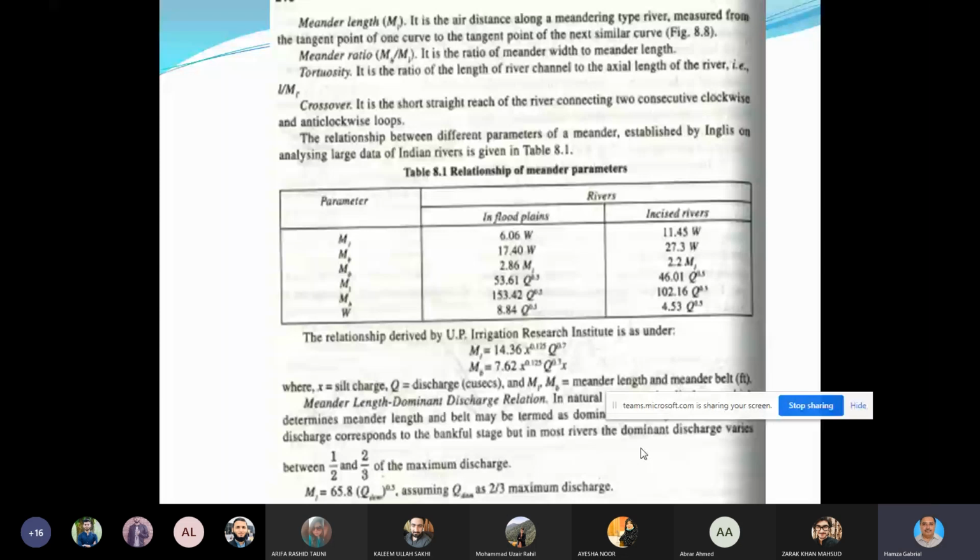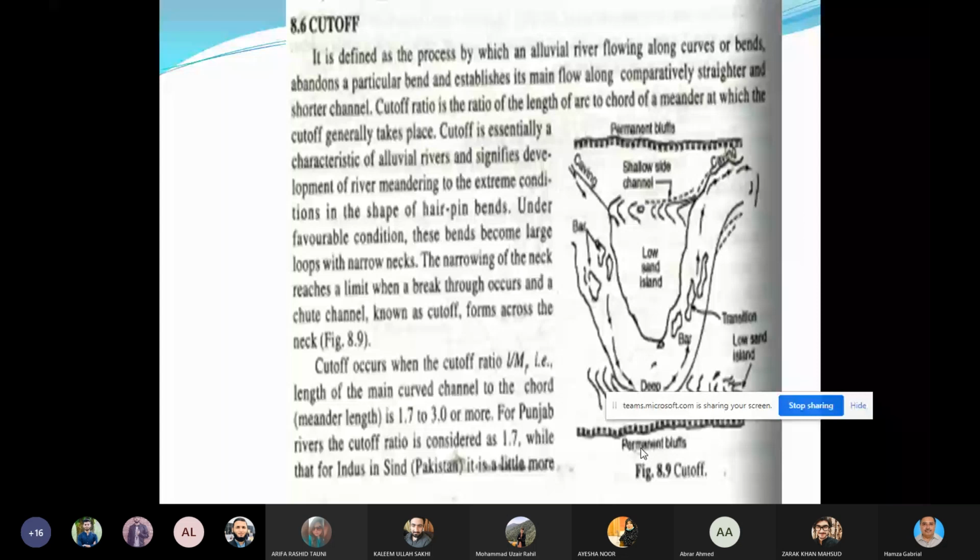Now coming to another process, cutoff. So we have seen that while the river is exhibiting the meandering pattern, when the two necks of the meander come across each other, the distance keeps decreasing because both are the concave sides of the meander and they keep on eroding, and one day they are going to meet.